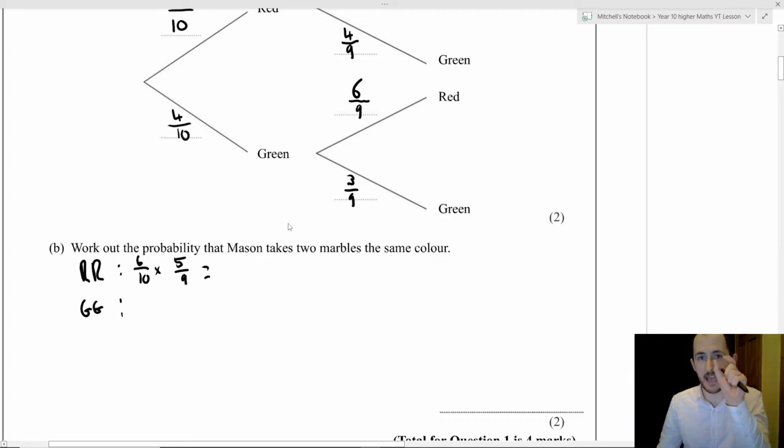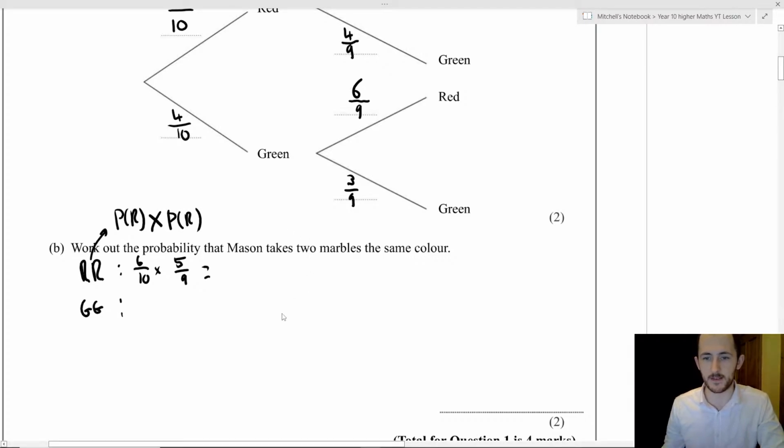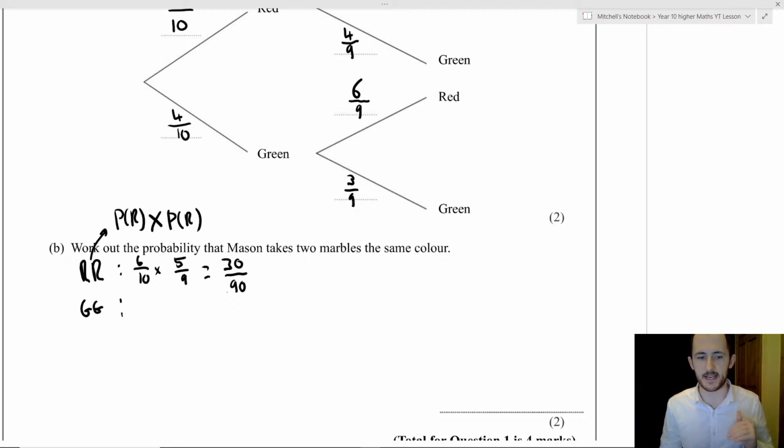Now whenever I say the word and in probability, it means times. Okay, so the other way of writing this would be probability of one red and, so I put a times, a probability of getting a second red. Okay, 6 times 5 gives me 30, 10 times 9 gives me 90. Now I'm going to have to add probabilities together, so I'm not going to simplify it just yet.